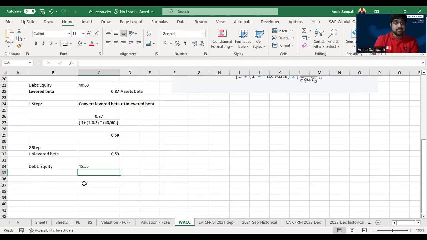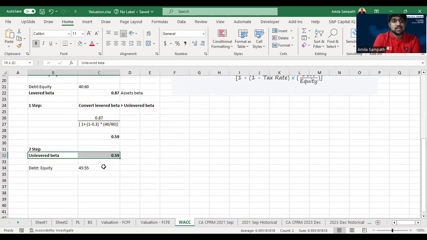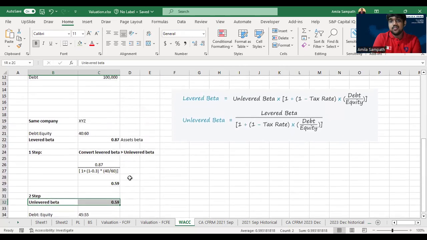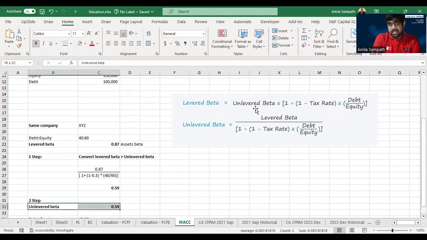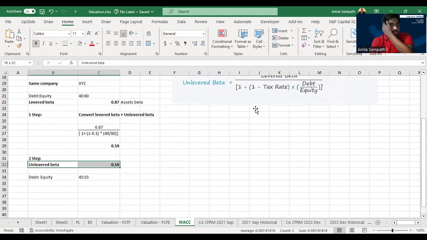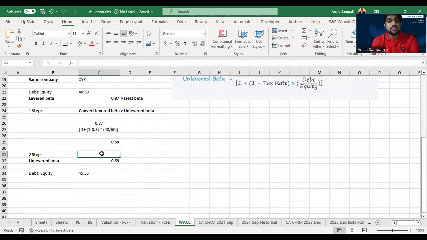Then we can convert this unlevered beta into the levered beta using this formula. That means unlevered beta multiplied by 1 plus (1 minus tax rate) multiplied by the debt to equity ratio. Then our second step is what?